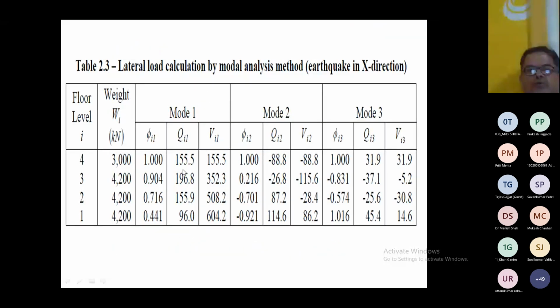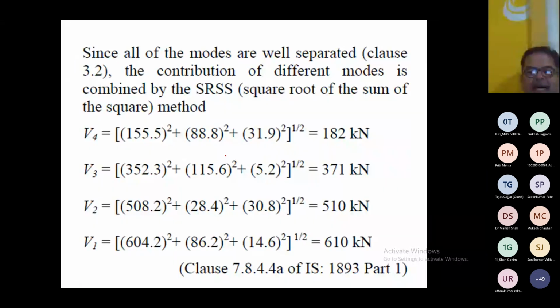So we can have these values, and on that basis we calculate the shear. So we know V1, V2, V3, for the 3 different modes, and we are getting the answer. So the lateral force we are getting, right?